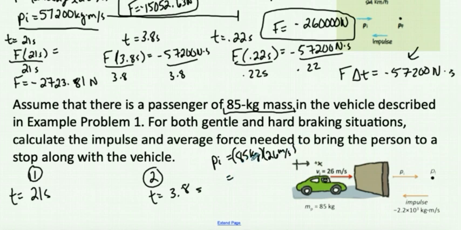Okay, so we're going to take that 85 times 26 meters per second, and we get 2,210. And that's kilograms times meters per second for our label. So that's our initial momentum. And in all scenarios here, again, our final momentum is going to be 0 because we are coming to a stop. Okay?